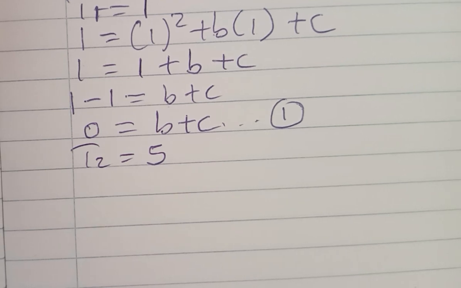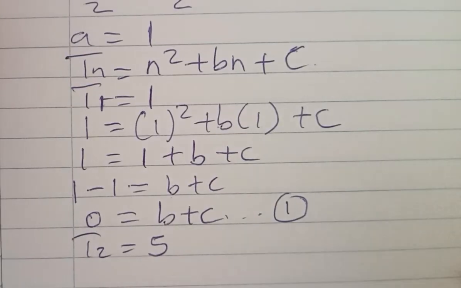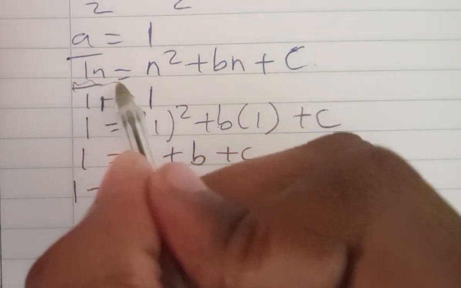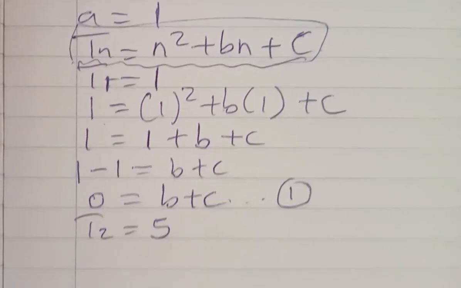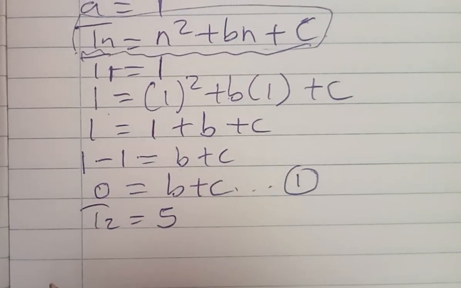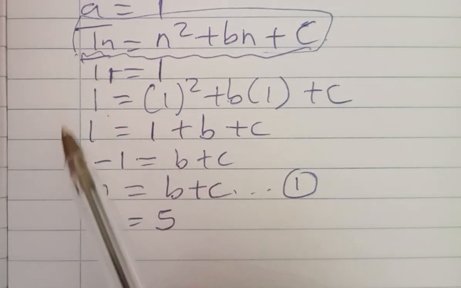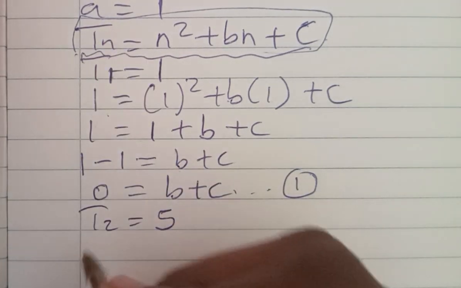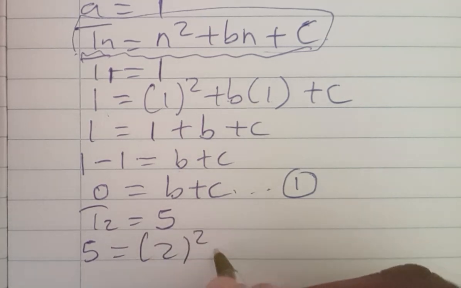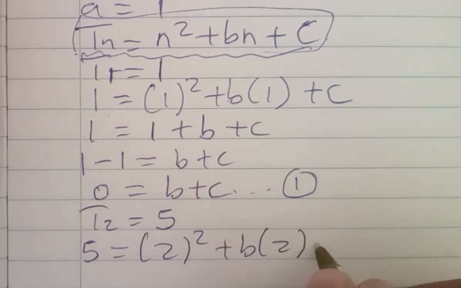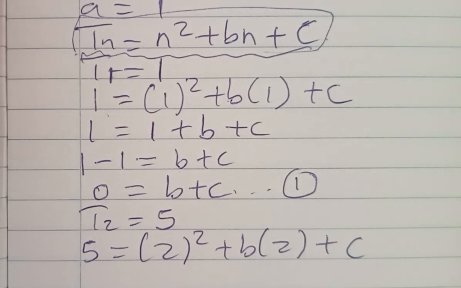And remember, I'm using this one because I got my value of a. I'll use this one again, just like I did to get my equation 1. Where I see tn, I will substitute 5. Where I see n, I'll substitute 2, plus c.